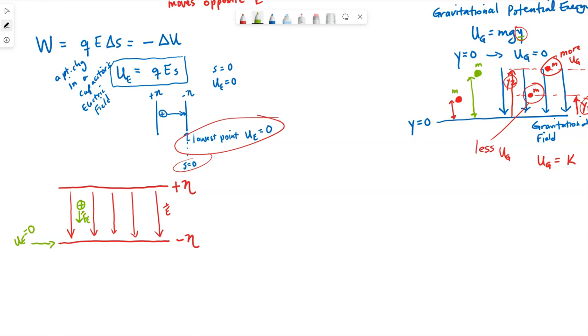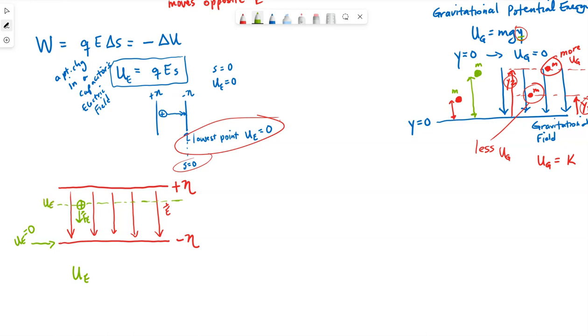It is experiencing an electric force that points downwards, and that force would cause the charge to accelerate downwards, speeding up until it got to that negative plate. We're essentially saying this charge is at, it's not really a height, but at a specific location in the electric field that gives it a specific amount of potential energy.